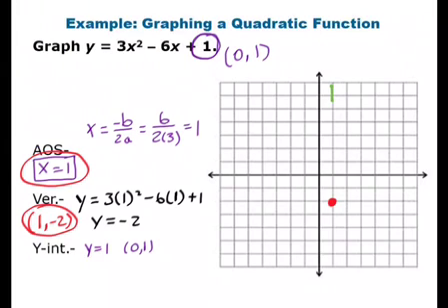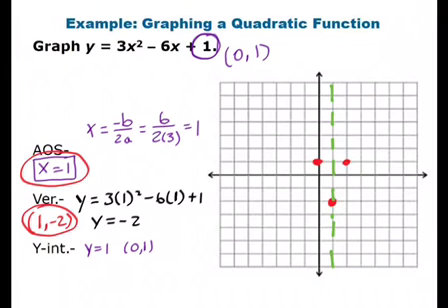So if we think about it, this is our axis of symmetry right here. And what this means is our graph is going to be symmetrical on both the left and the right. So if we plot our y-intercept at 0, 1, which is right here, there should be a mirror image point on the opposite side of this line. So if we think about it, it's 1 away from the axis of symmetry, we go 1 to the other side, we have a mirror image point right here.